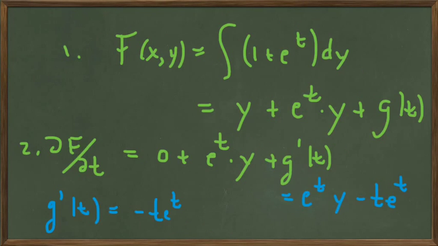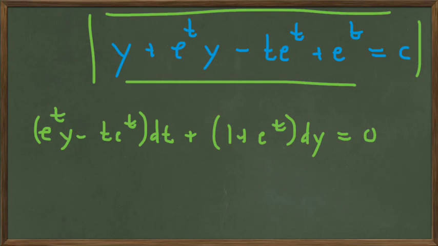So here was our f of x, actually it should be f of t, y, and we had this, and now we've got g of t, so our solution is y plus e to the ty plus the g of t, which is minus t e to the t plus e to the t, and we set that equal to c.